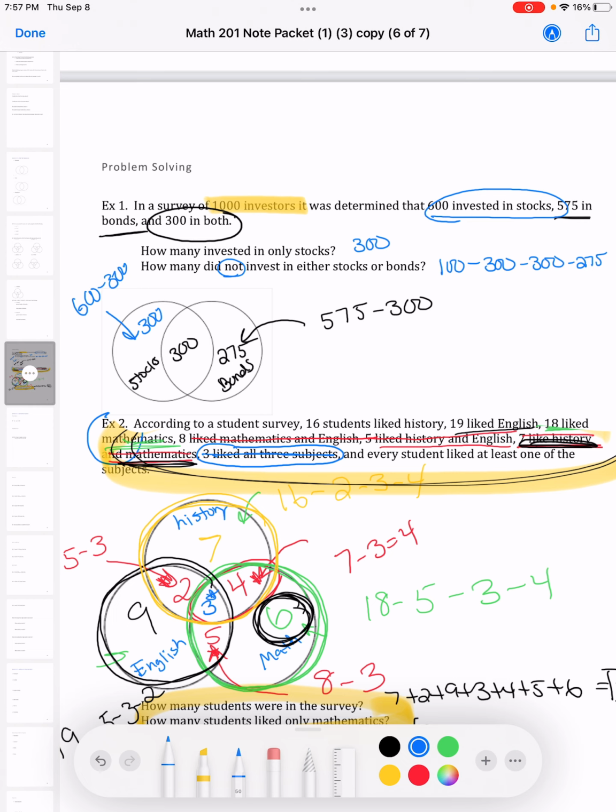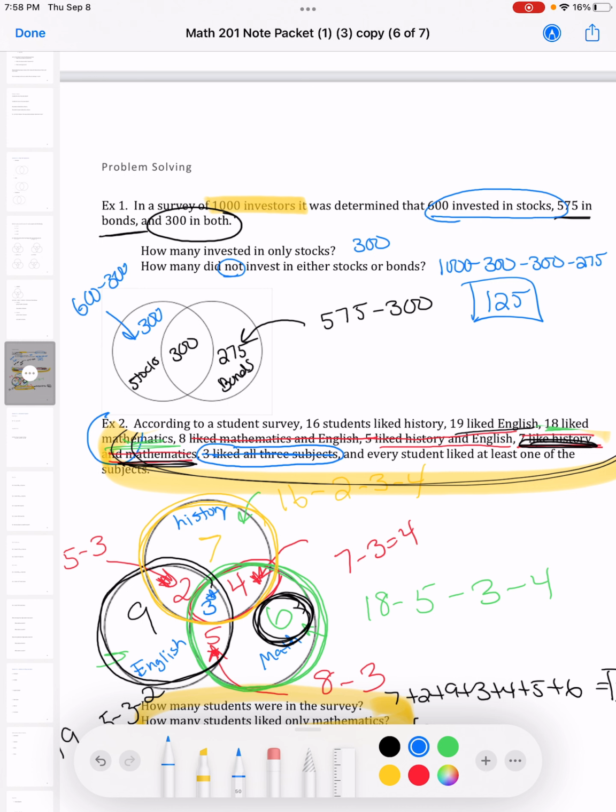That's going to give me, let's see, forgot my calculator before I made this. Let's see, 600, so 875. So I think that will give me 125 that are in neither one of them, that did not invest in the stocks or the bonds.